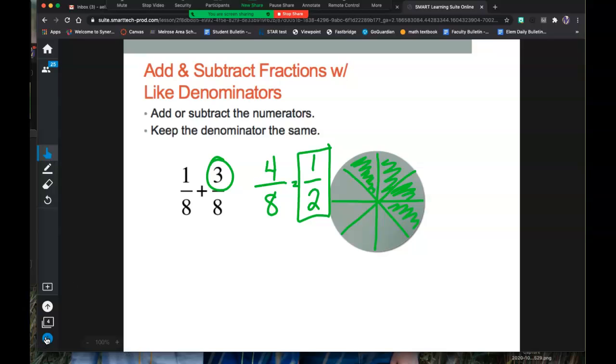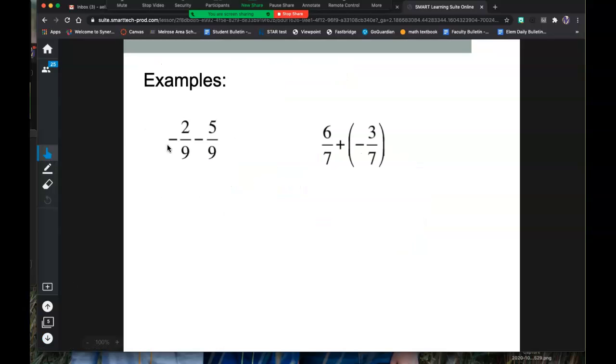If I look at a problem like this one, negative 2/9 minus 5/9, one thing to remember is if you see subtracting, we're still going to do our keep, change, change. I'm going to keep the first fraction, change the subtraction to addition, and change the second one to negative 5/9.